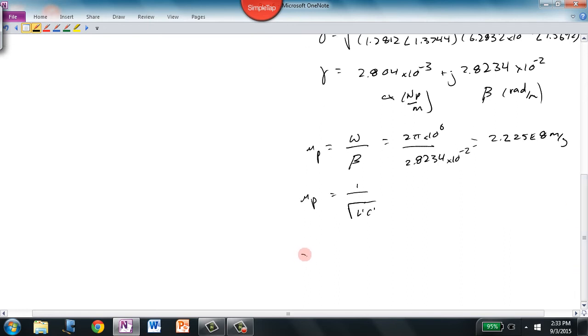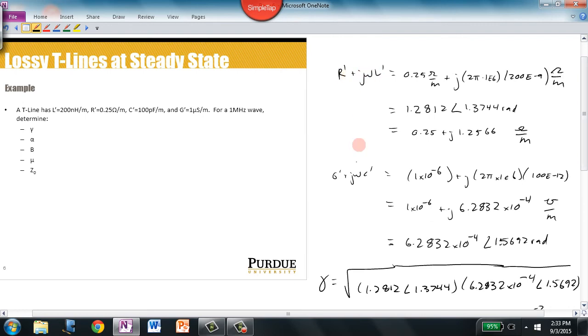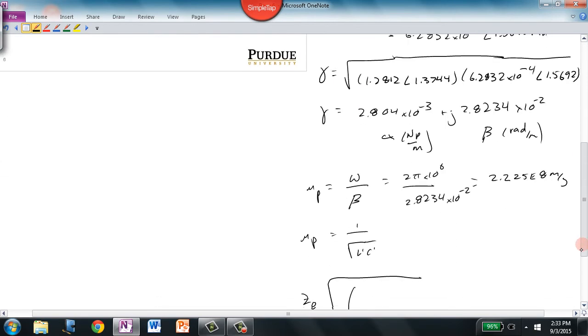And then finally we were asked to calculate characteristic impedance, and that's going to be the square root of this quantity divided by this quantity.